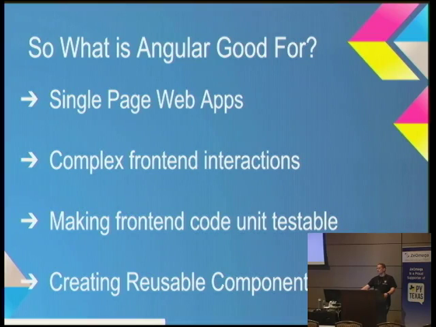It's also really good if you want to start testing your code on the front end more. We probably are doing our Python tests on the back end when we have unit tests. So it's good for that. It's also really good for making reusable components. There's a million jQuery things that are reusable, but if you do it in Angular, it's definitely a lot more organized and more compact in the API of how you reuse things.